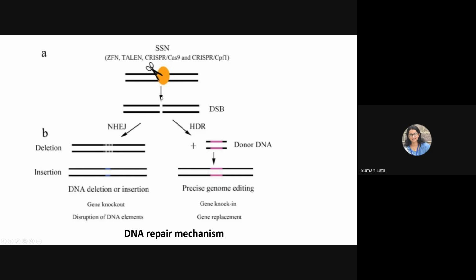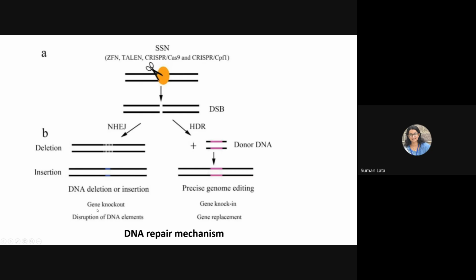Using these enzymes, this cut is made, and then after this cut is made, it is repaired in the cell. For the repair, there are two mechanisms, NHEJ and HDR. The NHEJ is error prone, so during the repair, sometimes deletions are created, or sometimes insertions are made.